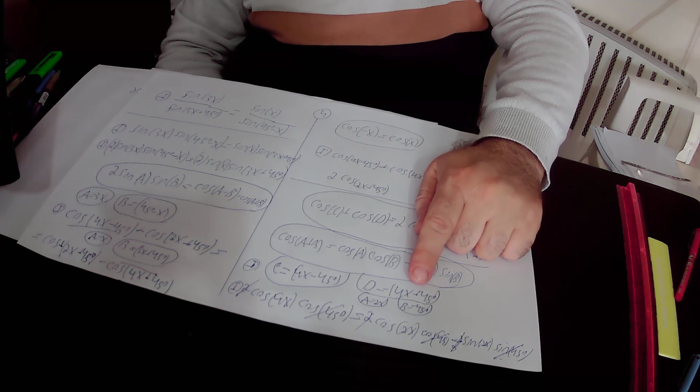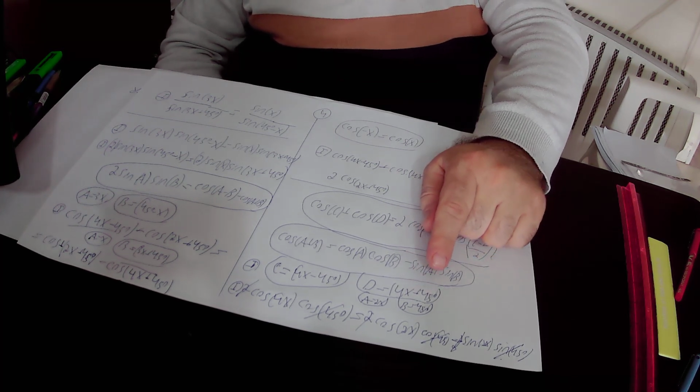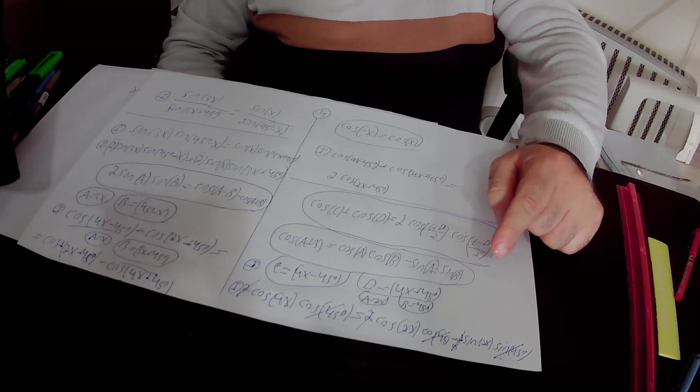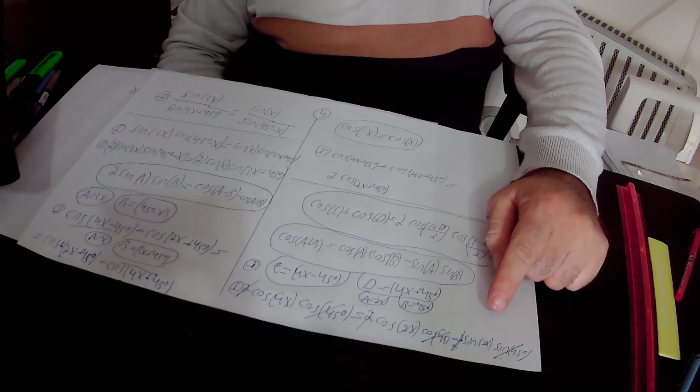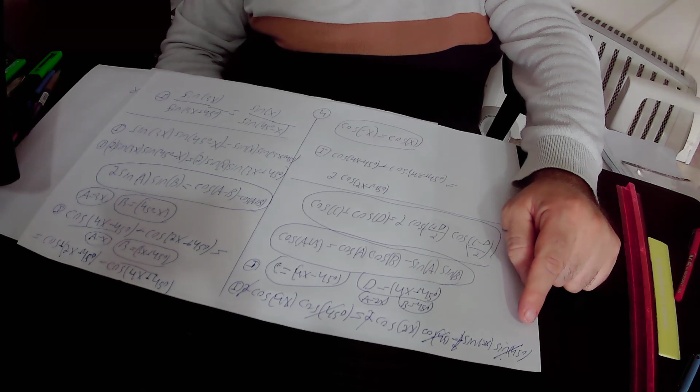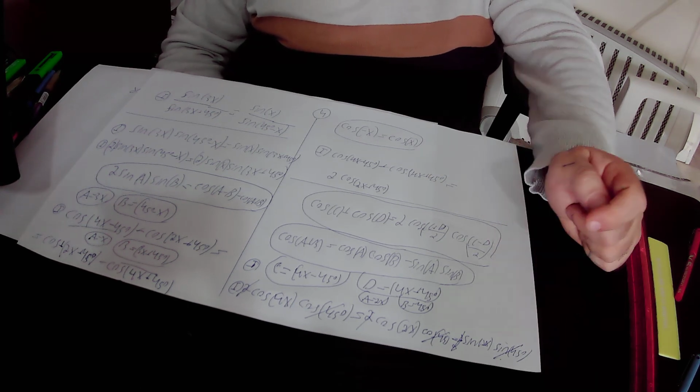So it is 2 cosine 2x cosine 45 degrees, minus 2 sine A times sine B. A is 2x, and B is 45 degrees, so sine B is sine 45 degrees.